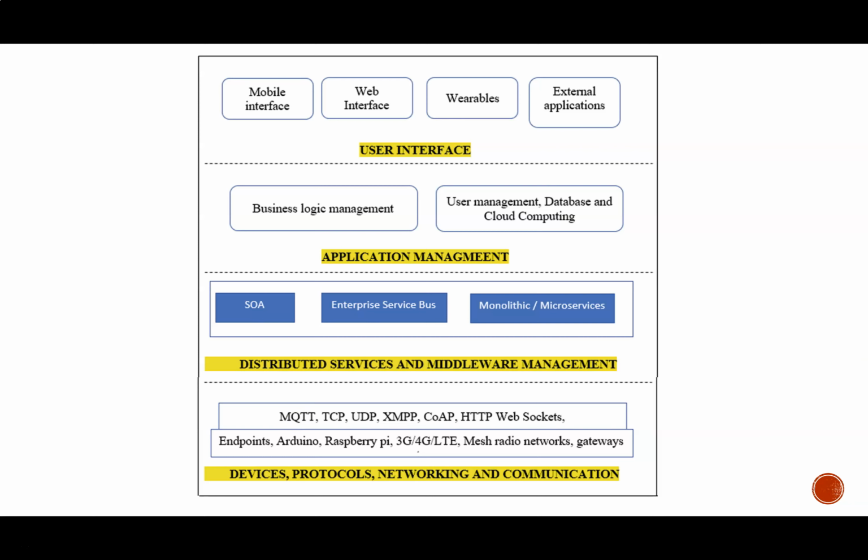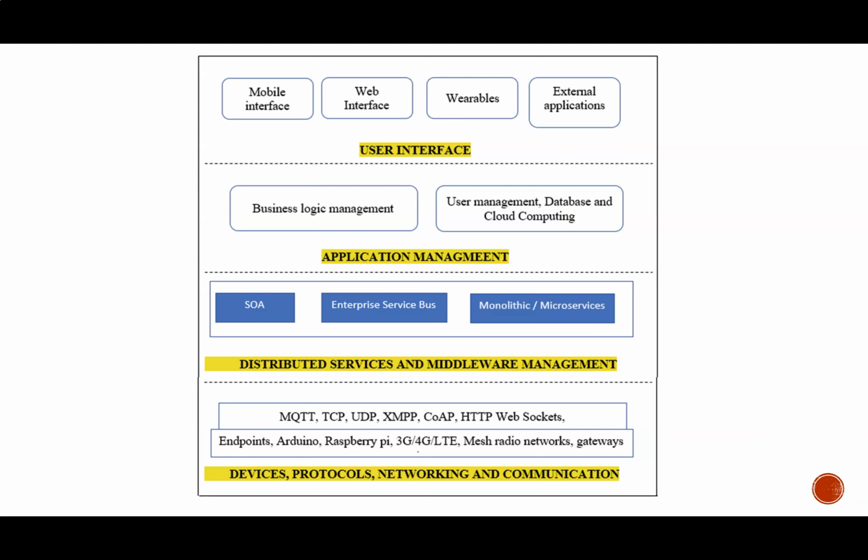Transmission Control Protocol is TCP, and User Datagram Protocol is UDP, a connectionless protocol. TCP is connection-oriented, UDP is connectionless, typically used for SMS and queuing of messages and things like that.